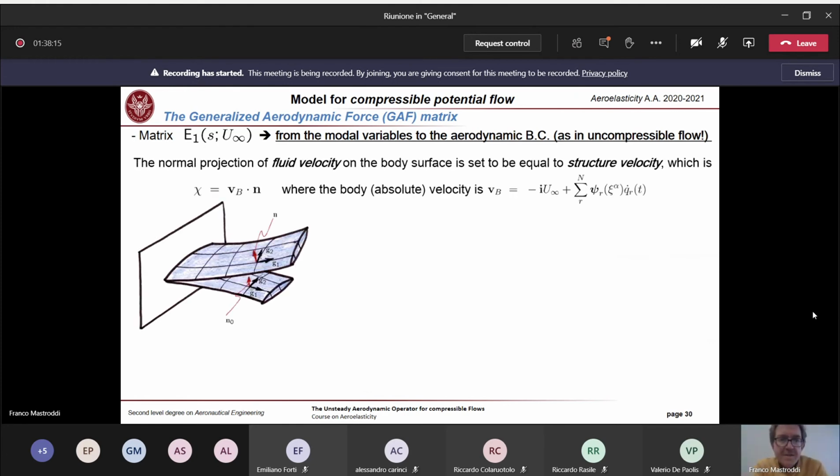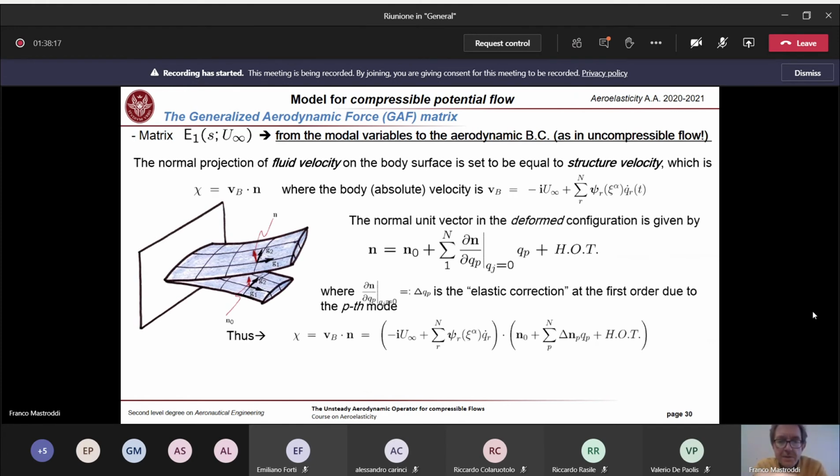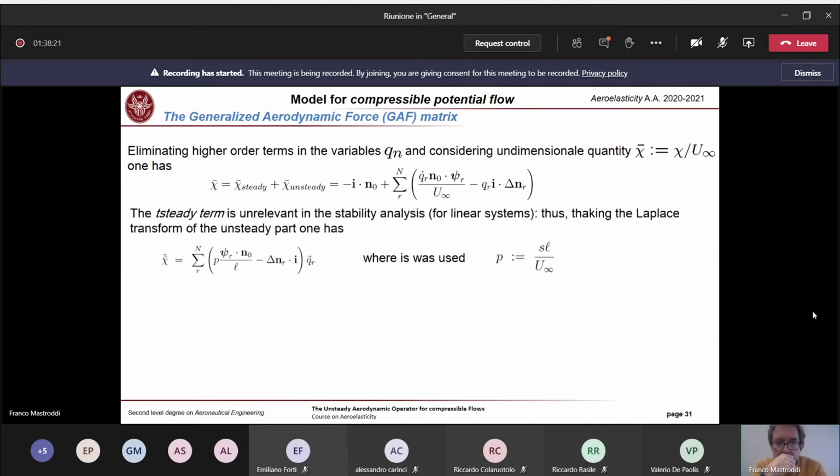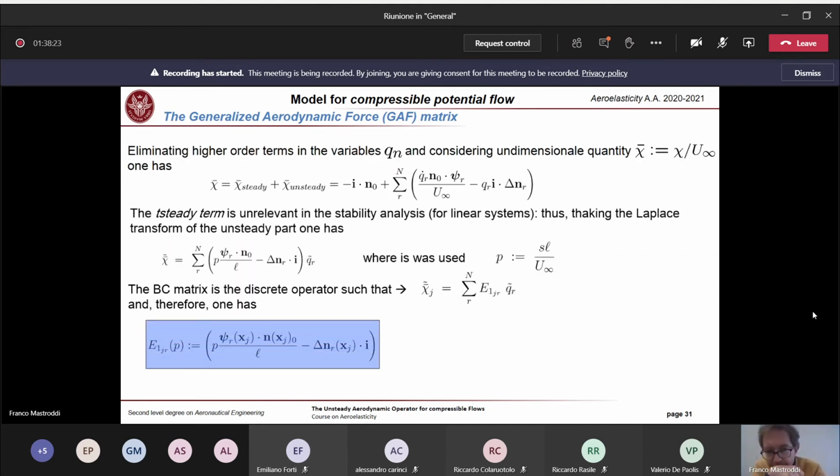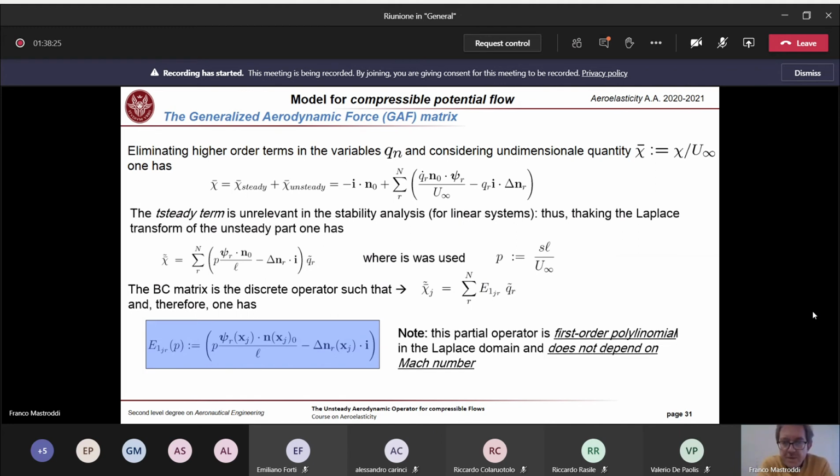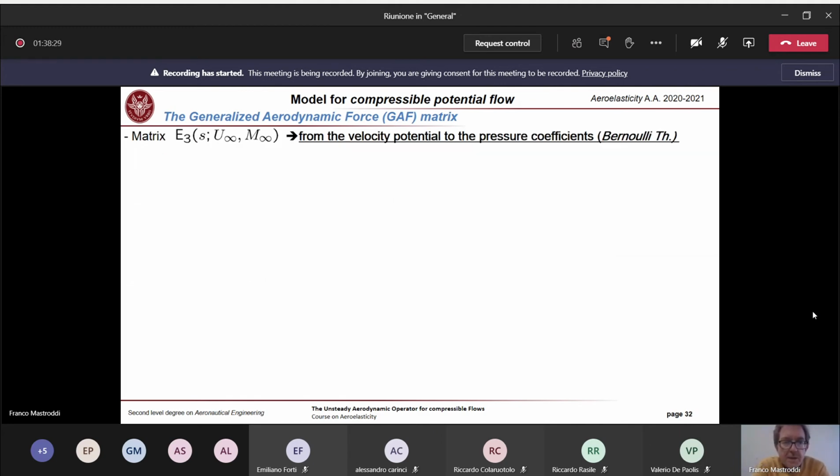E1, I skip E1 because E1 is standard. It's not depending on Mach number. E4 is also standard and does not depend on Mach number. Okay, and E3. From the velocity potential to the pressure coefficient, Bernoulli theorem.